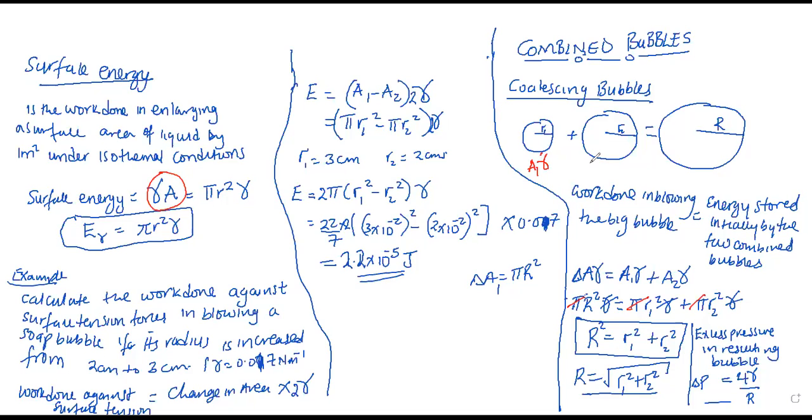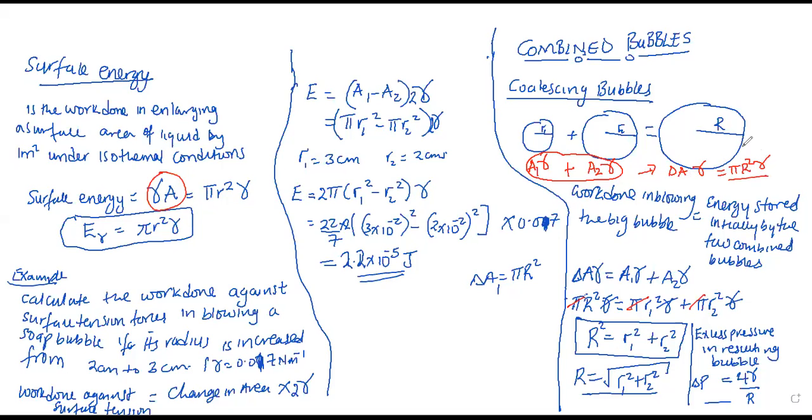The energy this bubble had was area 2 times gamma. When you combine these two, the initial energy, because of energy conservation, should be equal to the energy possessed by this new resultant bubble, whose area is now given by pi big R squared times gamma.